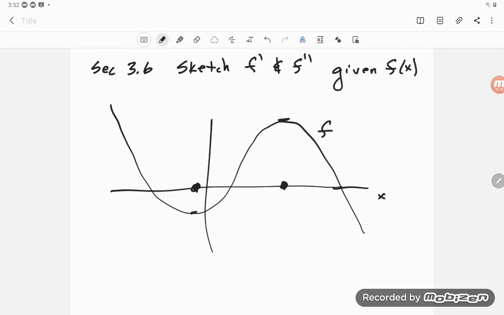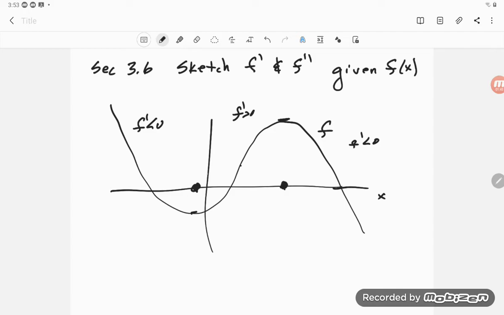And then I just look at the intervals, and I see here f is decreasing, so f prime is less than 0, and f is increasing between those two critical numbers, so f prime is positive, and then out here f prime is negative again, out to the right.